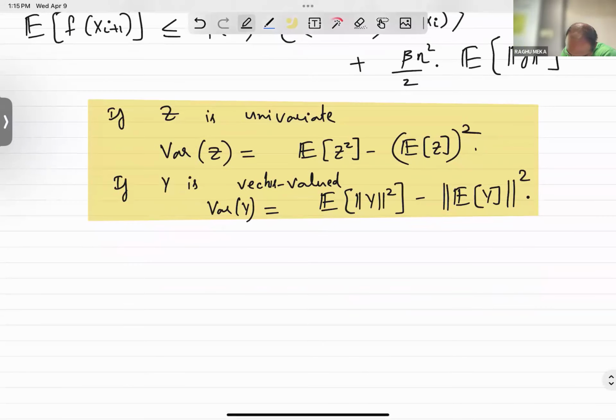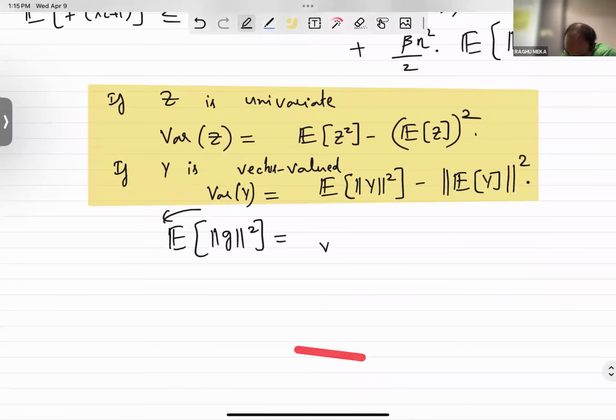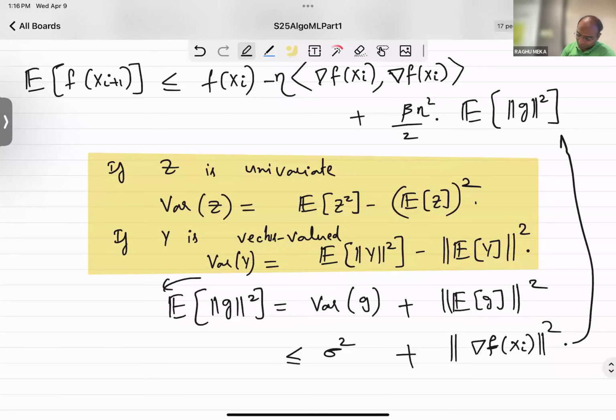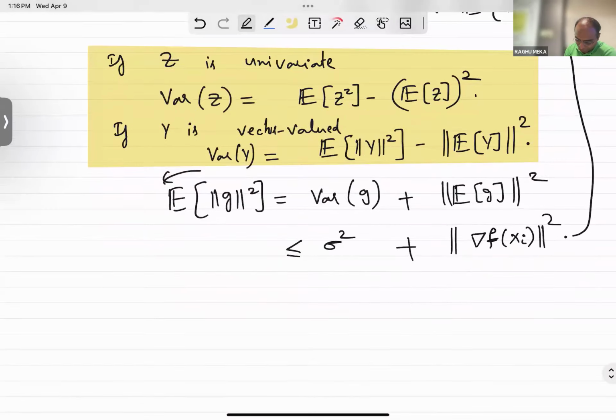So if we use that, now we get expectation of norm G squared is going to be variance of G plus norm of expectation of G squared. And we know this variance of G is at most sigma squared. That's the assumption. And the expectation of the estimator is just the gradient. So we just put that back in here, and then you follow through.